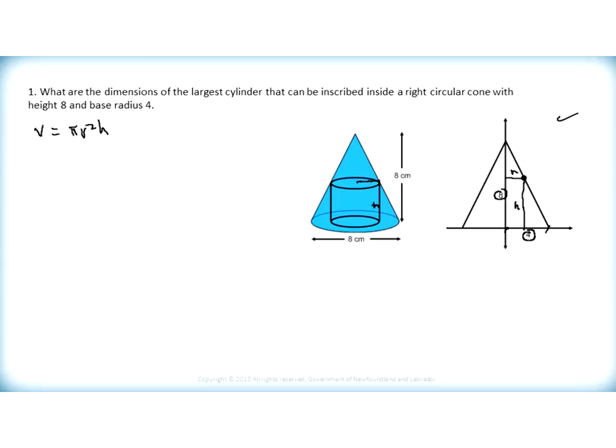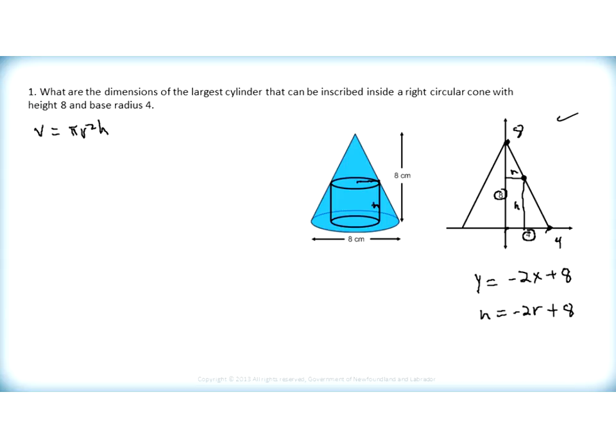And so that's like the x and y coordinates of any point on that line. So we just need the equation of the line, and that will give us a relationship between radius and height. And that's fairly simple to do because we have a y-intercept here at 8 and an x-intercept here at 4. So that's a linear equation with a slope of -2 and a y-intercept at 8. And that gives us our relationship between height and radius, like so.